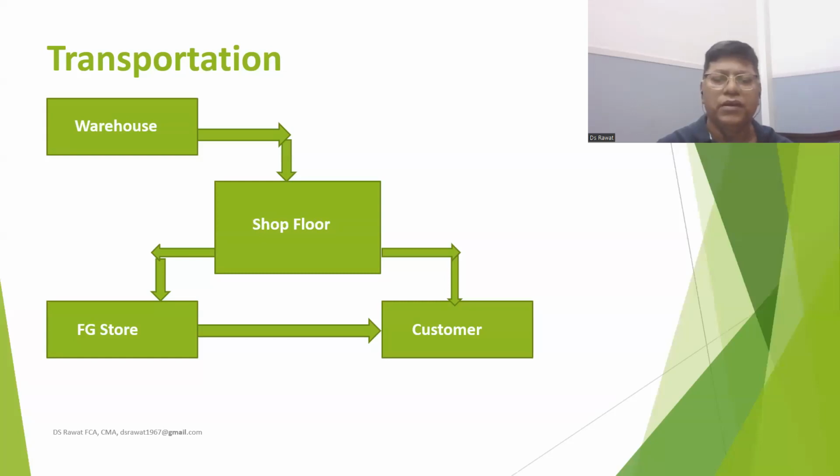Suppose production of a particular car is going on in the shop floor, they will ask the vendor to deliver the part of that car only at the shop floor, so that they can eliminate the movement. First, getting it in the warehouse, and second, getting it at the shop floor.